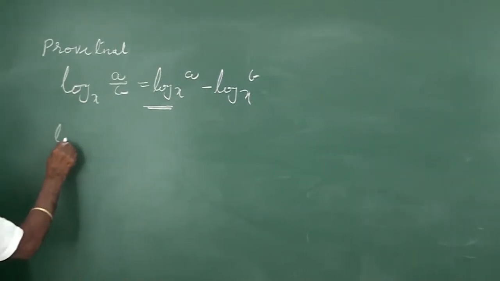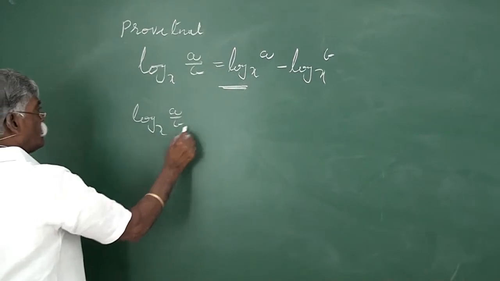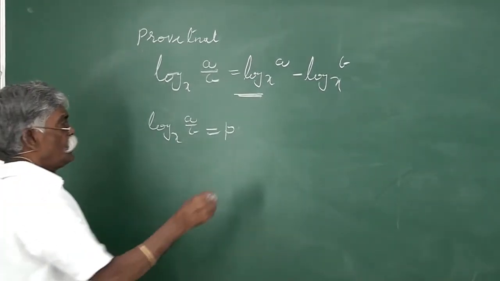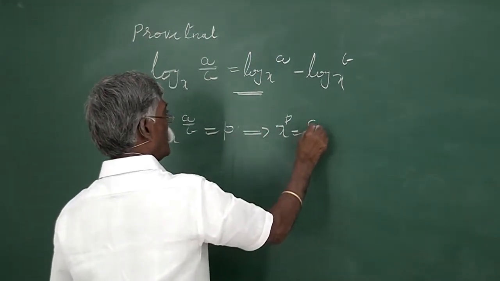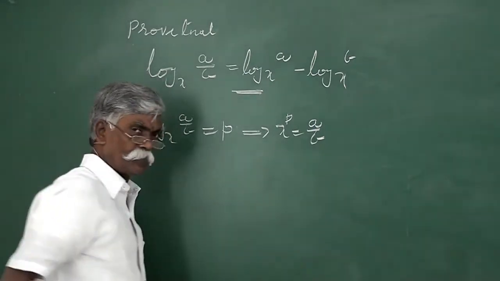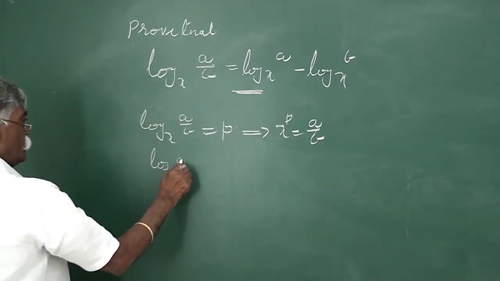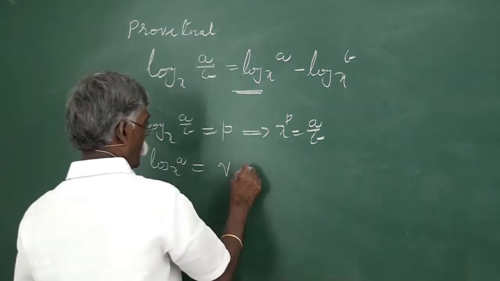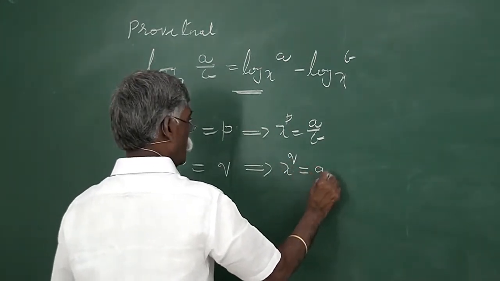First, let us take log A by B to the base x to be P. So this implies x power P is equal to A by B. The next one, log A base x, let us take this as equal to Q, and this implies x power Q is equal to A.